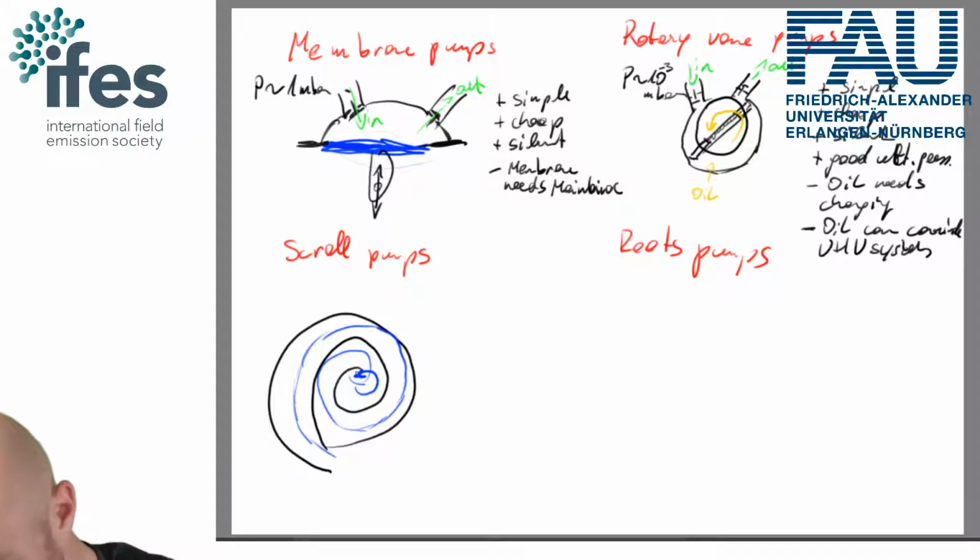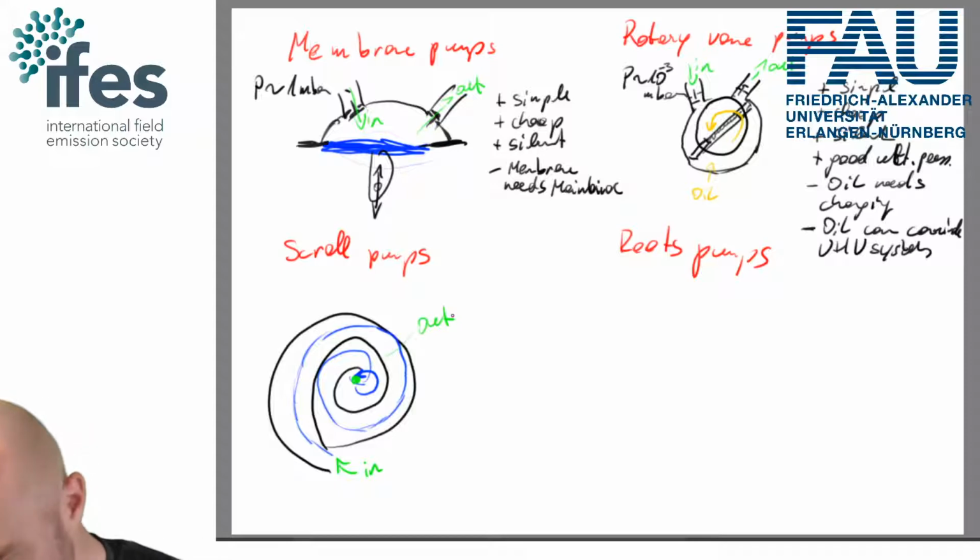And what will happen in this case is that we have an inlet here. Oh, sorry, I should probably use the same colors as above. So we have an inlet here, and we have an outlet here.